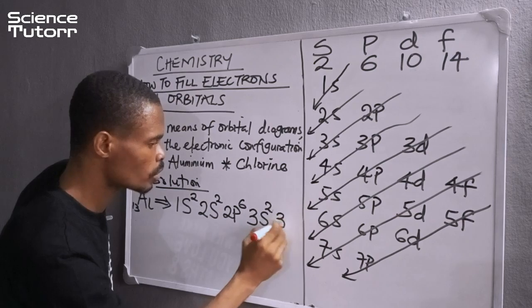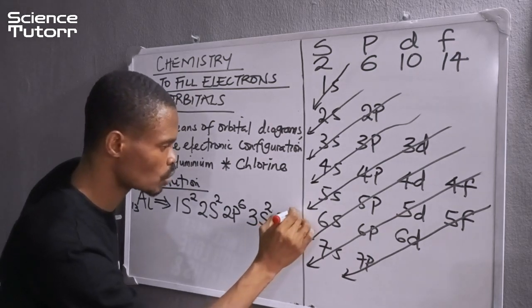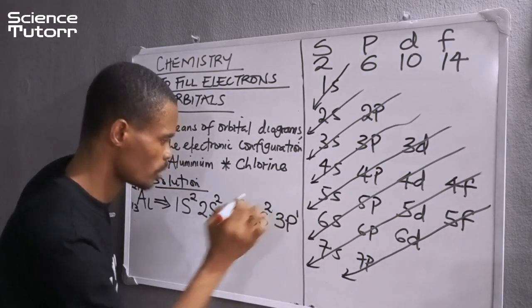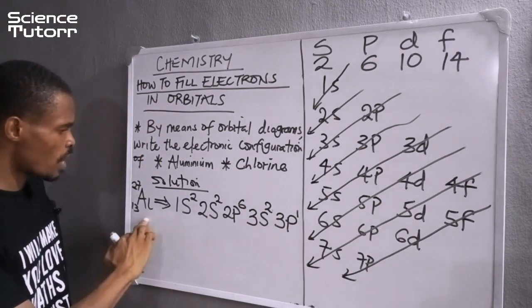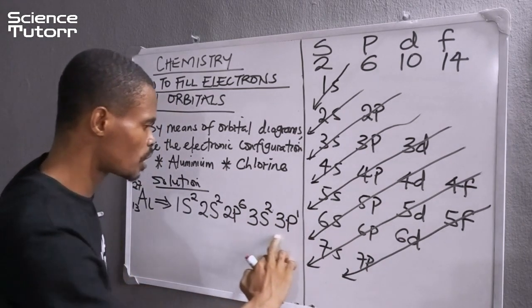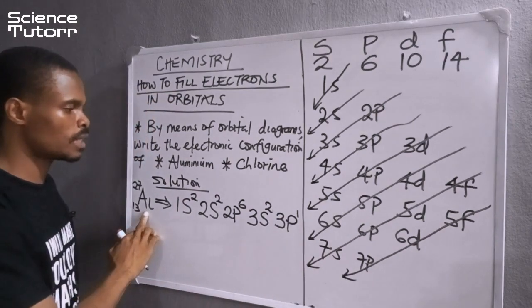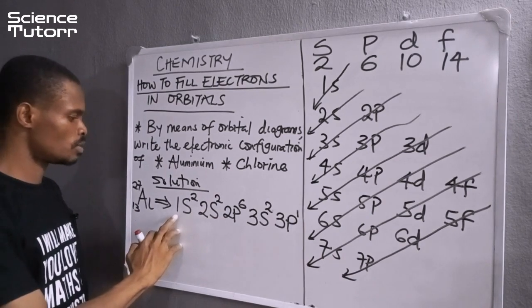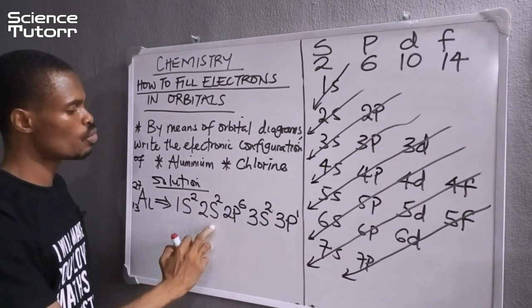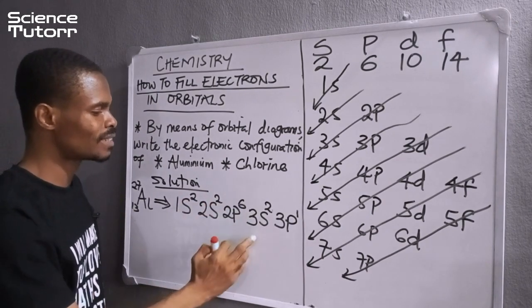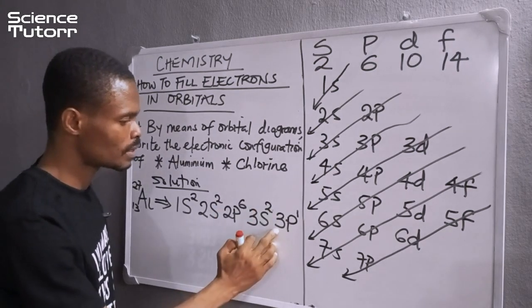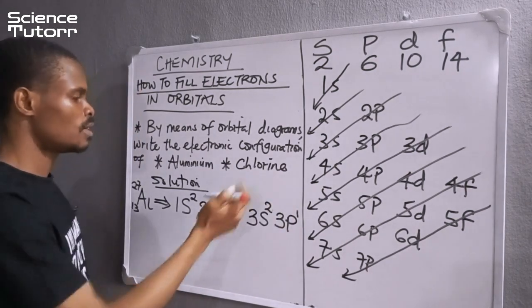So we have 3p1. In all, we have been able to write the electronic configuration of aluminium as 1s2, 2s2, 2p6, 3s2, and 3p1.